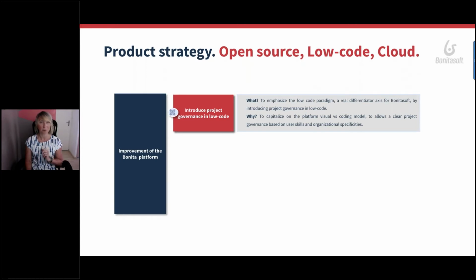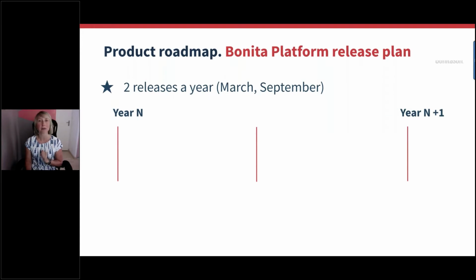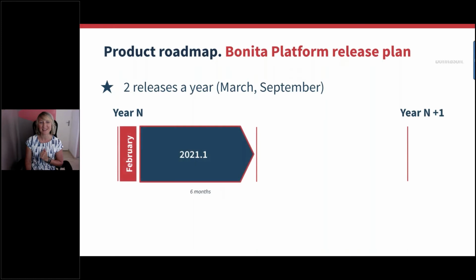So we made as well changes to our product roadmap. The first one is related to the release plan. You might have noticed that our new version changed totally its naming, because before we were talking about 7.10.11. Now we are talking about 2021.1 or .2.